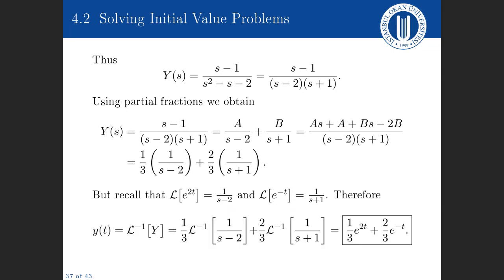So, small y, that's the inverse Laplace transform of capital Y, must be 1/3 inverse Laplace transform of 1 over s minus 2 plus 2/3 inverse Laplace transform of 1 over s plus 1, or 1/3 e to the power 2t plus 2/3 e to the power minus t. And of course, that's exactly the same answer that we got using the method from chapter 3.